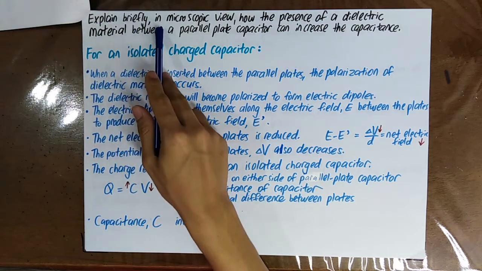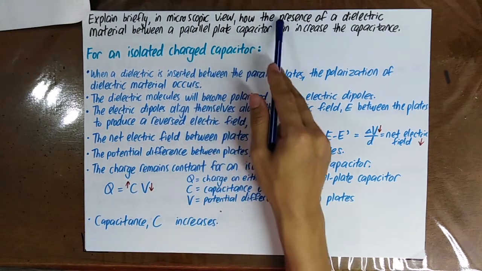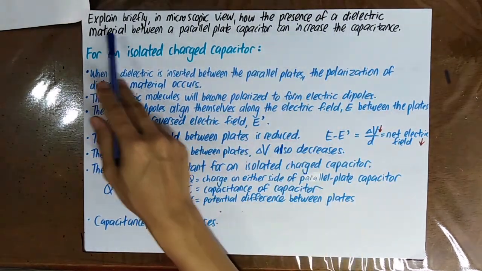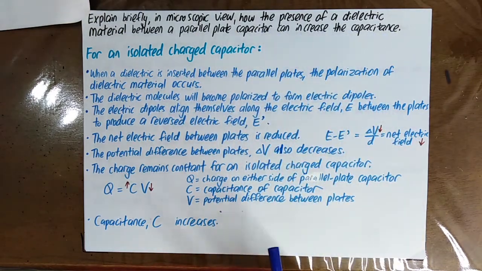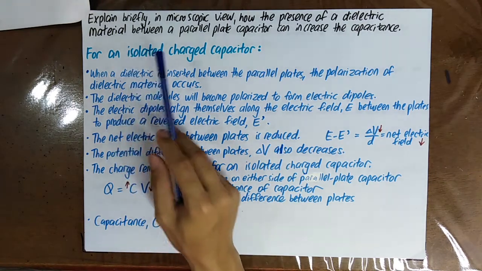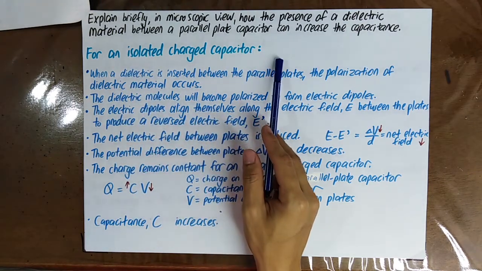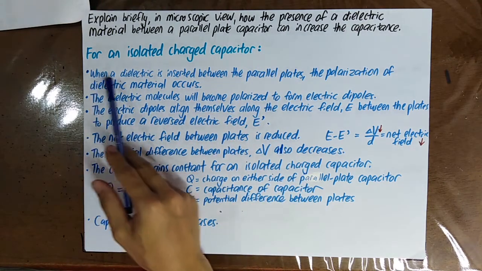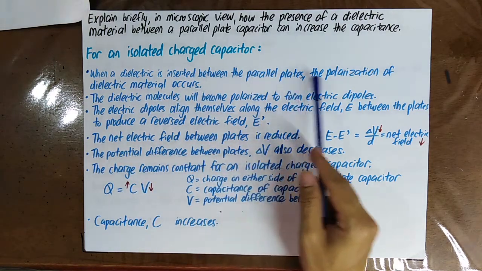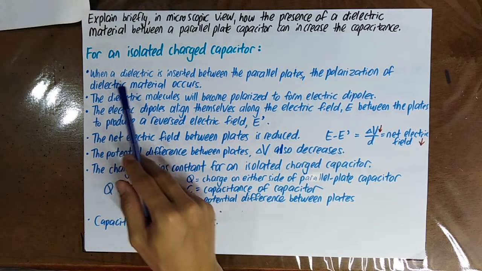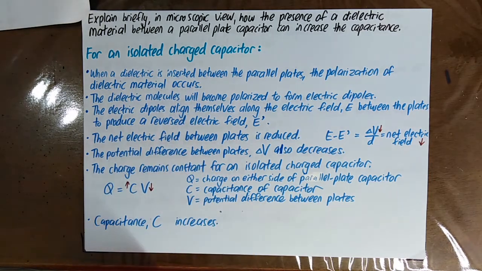Explain briefly in microscopic view how the presence of a dielectric material between a parallel plate capacitor can increase the capacitance. For an isolated charge capacitor, when a dielectric is inserted in between the parallel plates, the polarization of the dielectric material occurs.